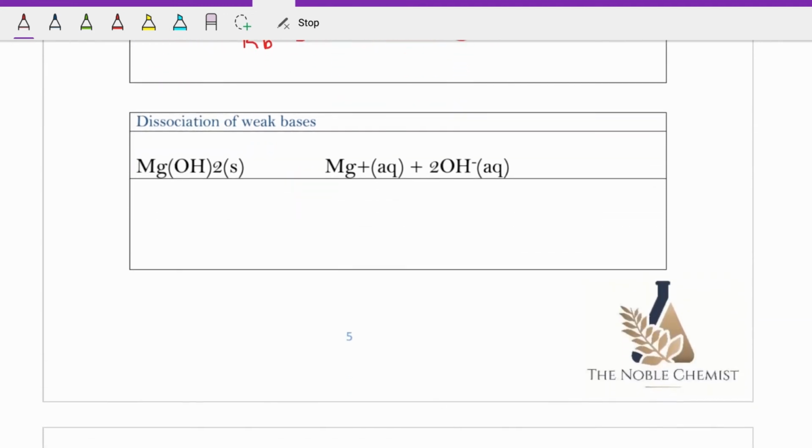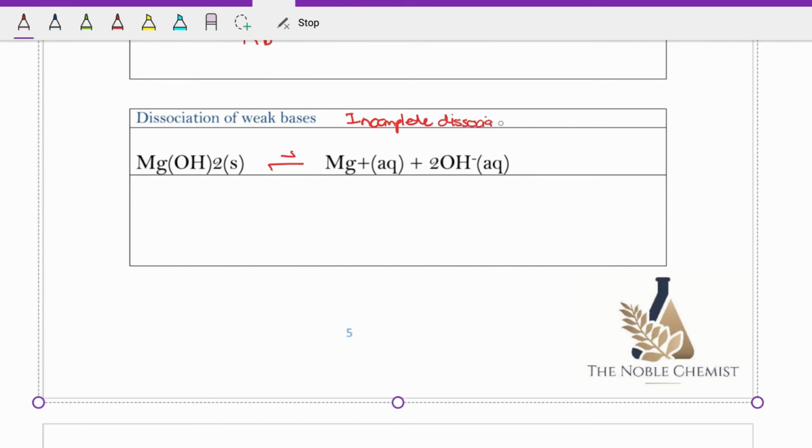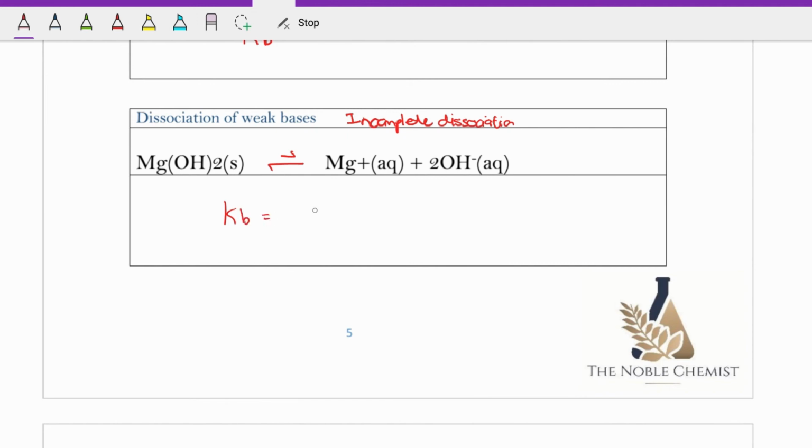Okay, if you have a very weak base like magnesium hydroxide, your reverse reaction might be favored more. So you don't have complete dissociation, so it's incomplete dissociation. Okay, so if we write an expression for that, Kb will then only be equal to the magnesium concentration.